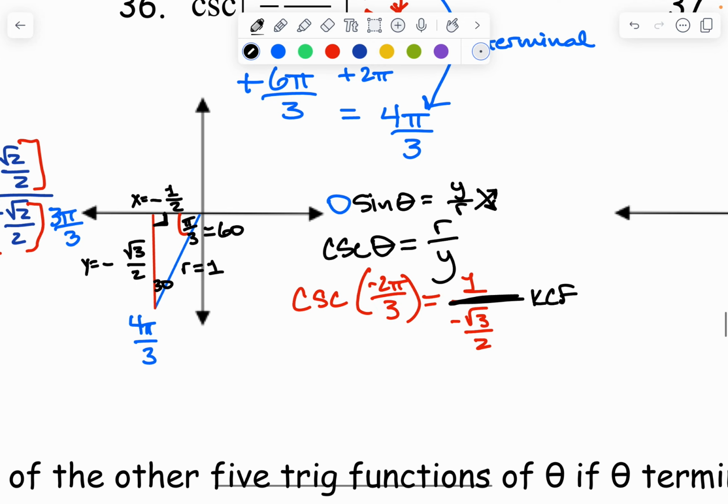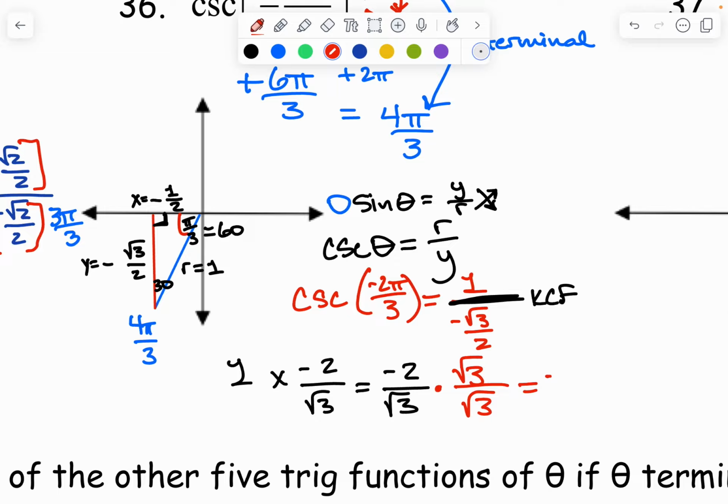So I'm going to keep the 1, multiply by negative 2 over square root of 3, and that gives me negative 2 over square root of 3. Now, I still can't leave it that way, so I need to rationalize. That will give me negative 2 root 3 over... square root squared leaves me with just the 3.